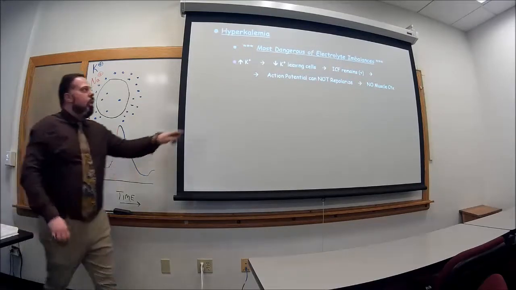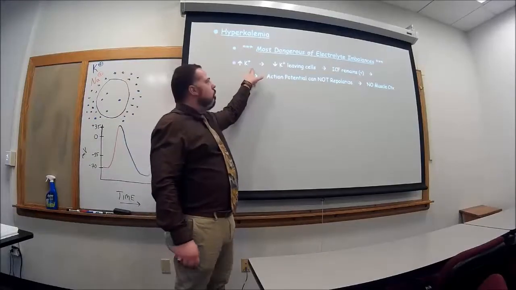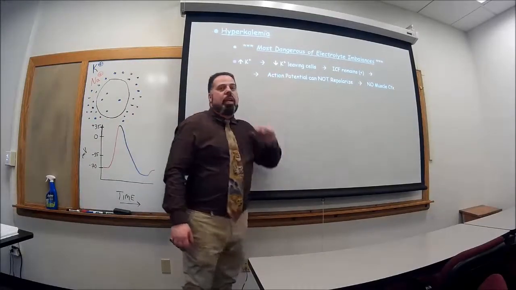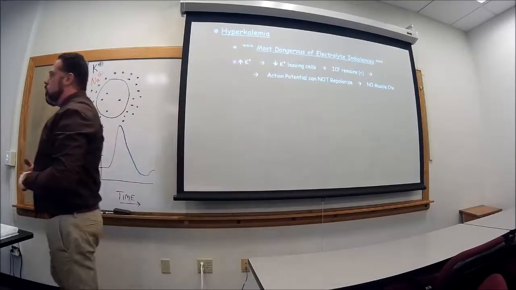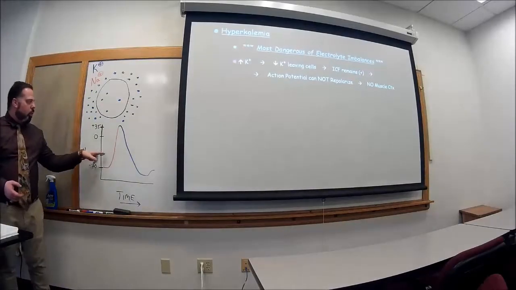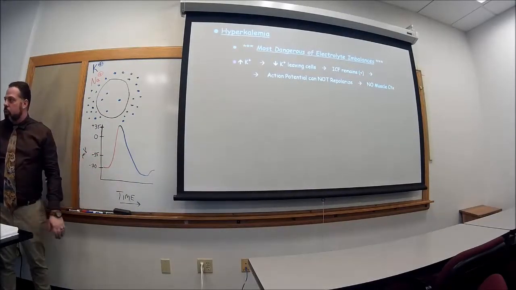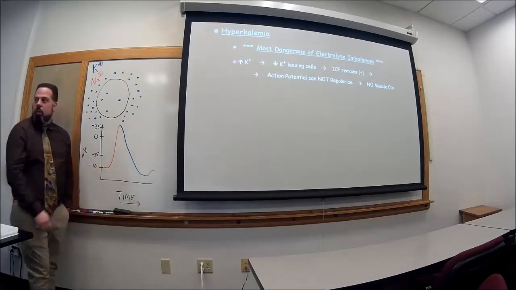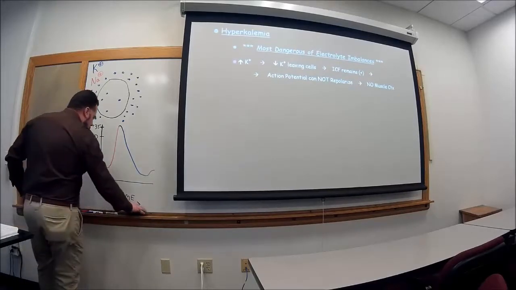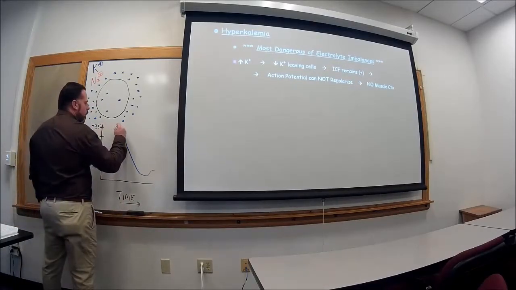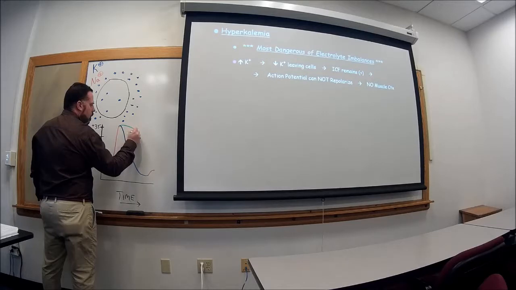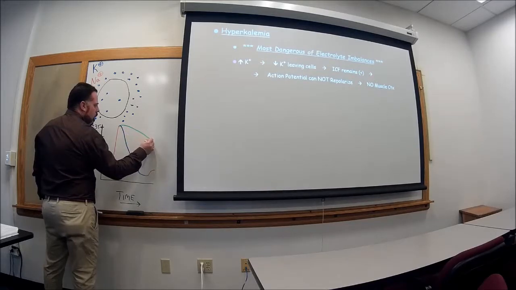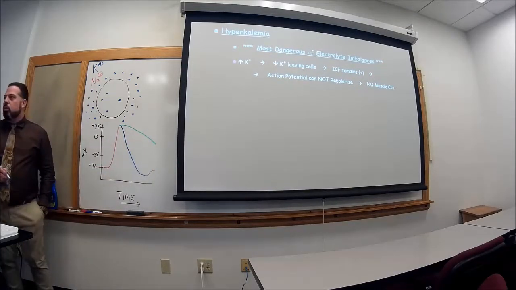So if you increase potassium in the extracellular fluid, you're going to decrease the potassium leaving the cells, which means the intracellular fluid is going to be more positive, because it's going to have a hard time leaving the cell. You're going to get more of a situation that's going to be like this, depending how severe it is.